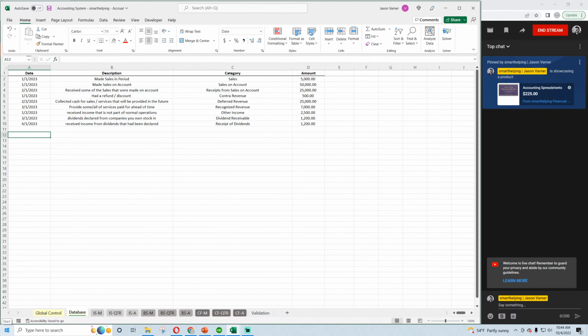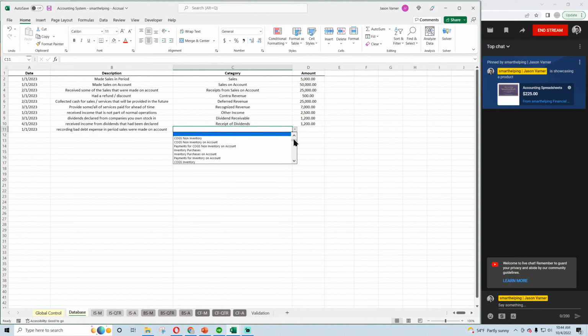So actually, no. So for this, we have to do it matching if this is US GAAP, we have to say when these sales were made on account in January, we would have to also put some amount recorded in recording bad debt expense in periods sales were made on account. So here you can just put bad debt expense.